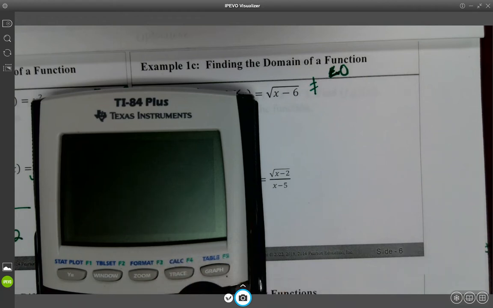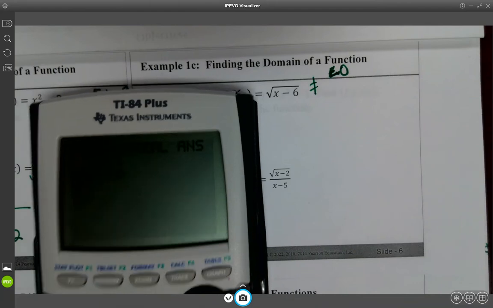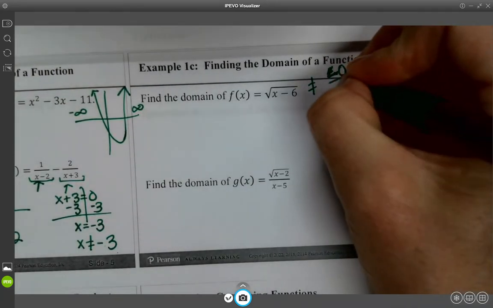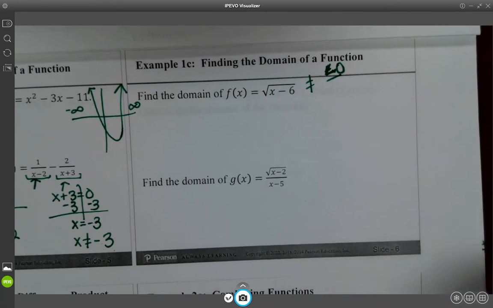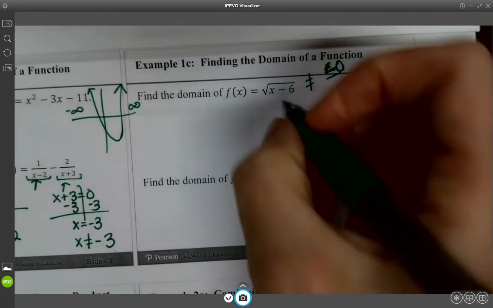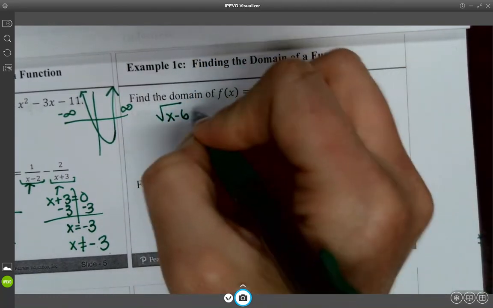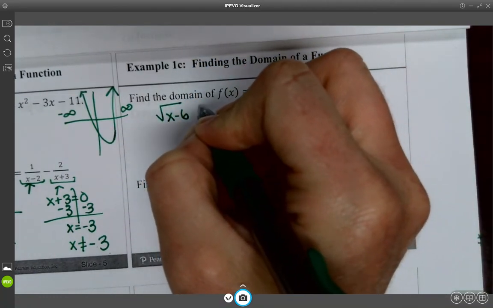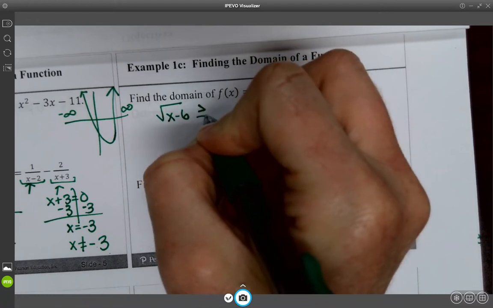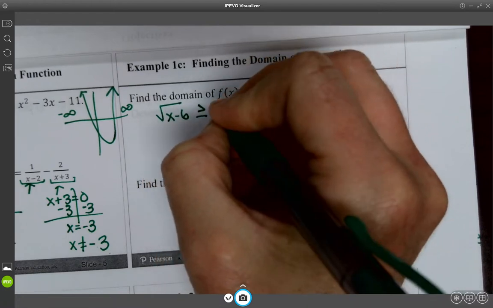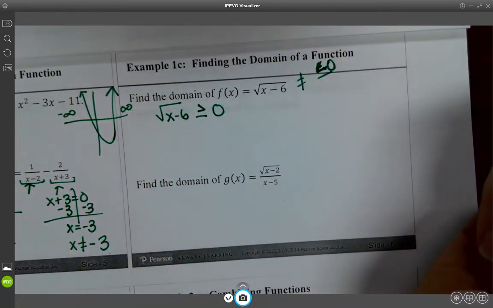Square root of 0 minus 0. Yeah, that causes problems. So if it gives you an error, that's how you can find out if it causes problems. So the square root of x minus 6 has to be greater than or equal to 0.